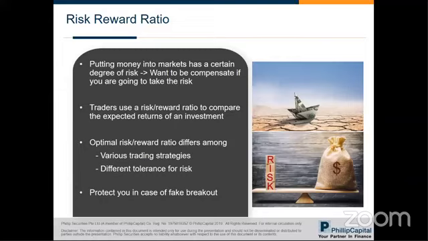So the optimal risk reward ratio may differ among your strategies or your risk tolerance level. You can be taking $1 of risk with a reward of $2, which gives you a 1:2 ratio, or you can take a 1 to 1.2. Of course, a higher risk reward ratio may sometimes be associated with a lower probability of getting it, because your reward is way too high.